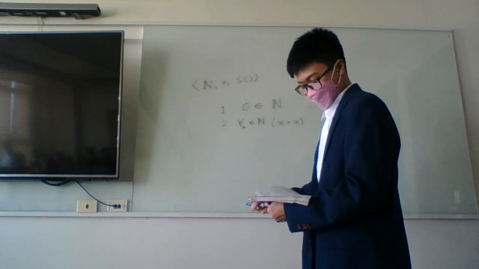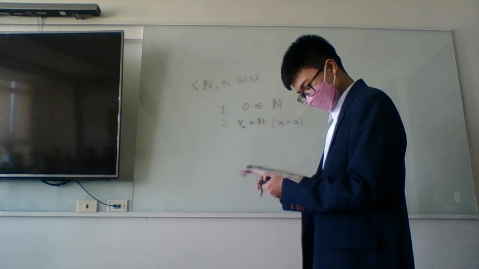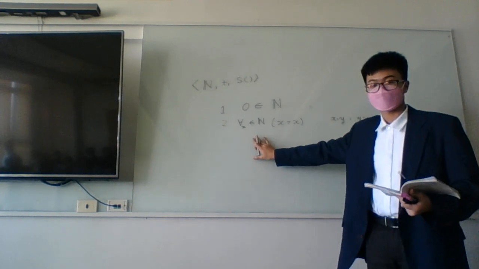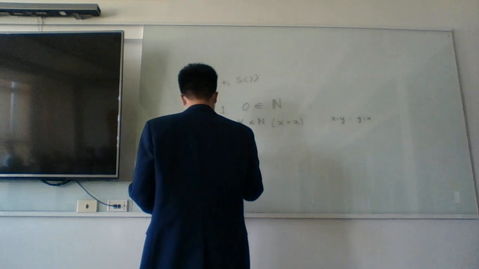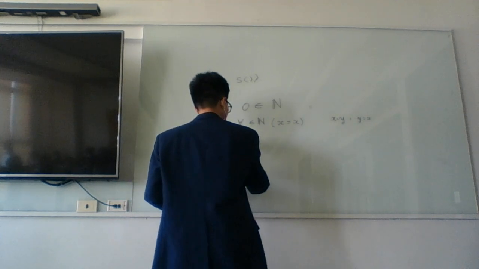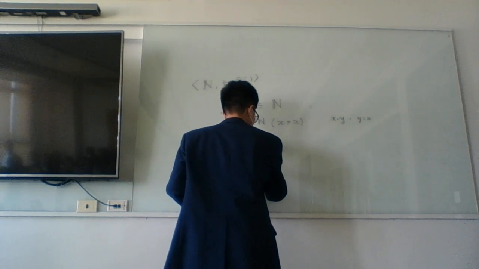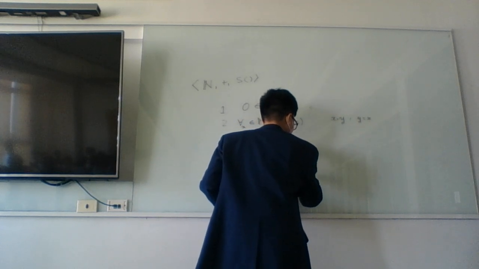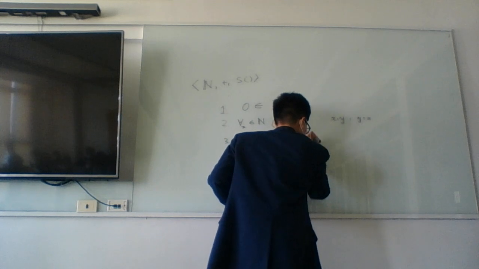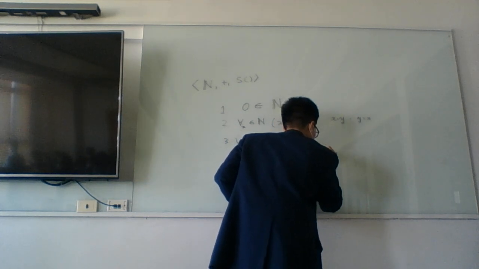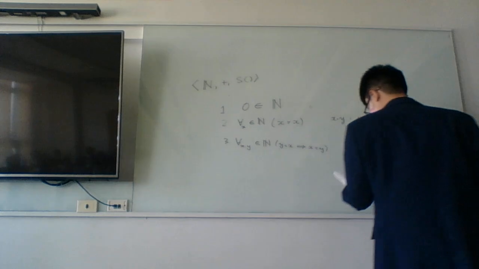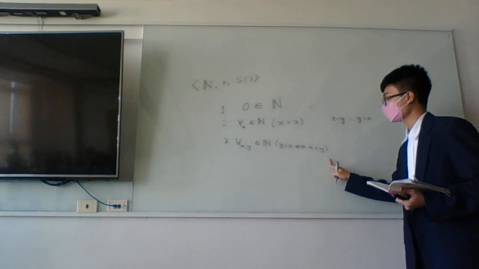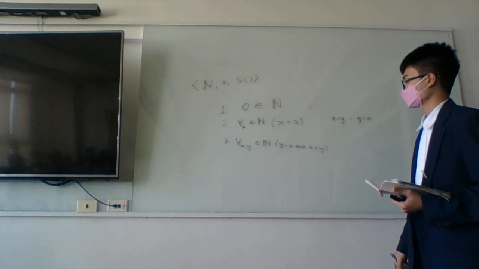So that's our second axiom. Our third axiom is what I said over here. It's a corollary of the second axiom. The third axiom states that for all two elements x, y, natural numbers of course, y equals x implies x equals y. Or it cannot be that x is equal to y if y is not equal to x.